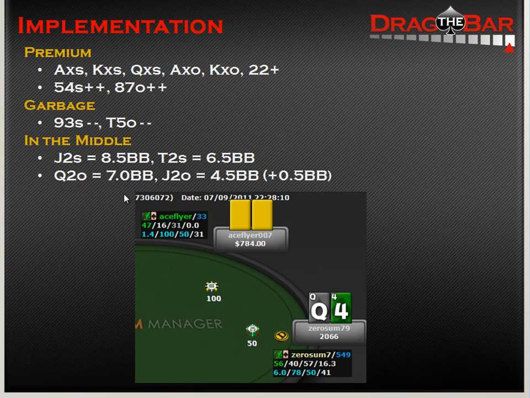And we can go ahead and guesstimate, say to ourselves, okay, well, Queen 4 offsuit is 2 pips better on the kicker than Queen 2. So I would go ahead and add 1 full big blind, or 1/2 blind per card, and say, okay, I can shove this for about 8 big blinds. And it turns out that we're playing for 880 chips, which is actually 9 big blinds. So this hand would be a fold.